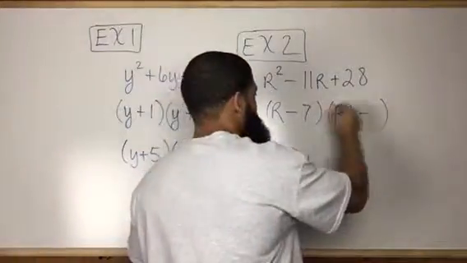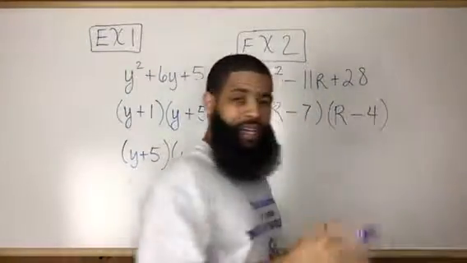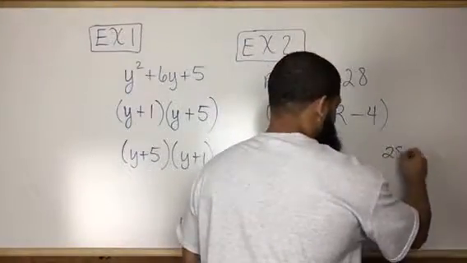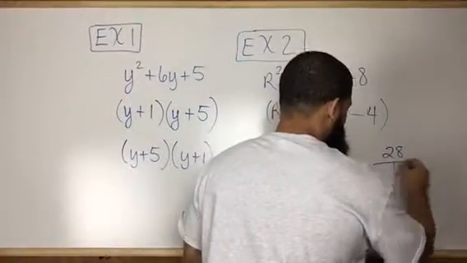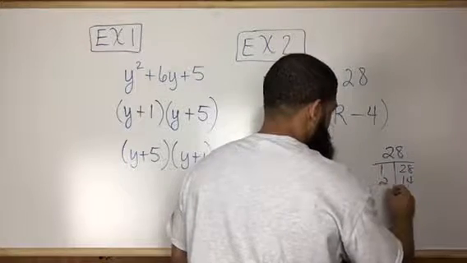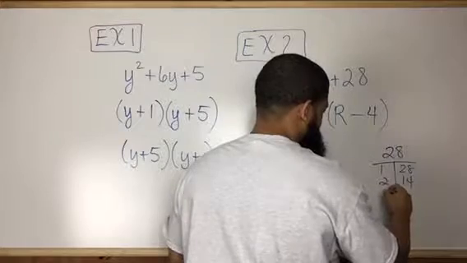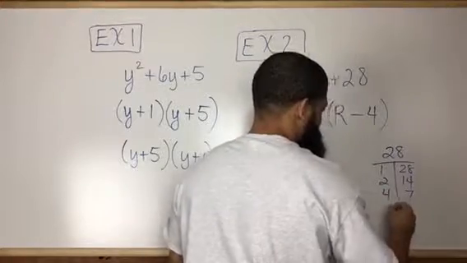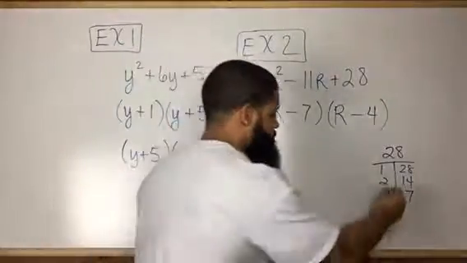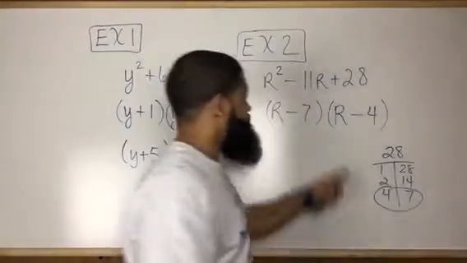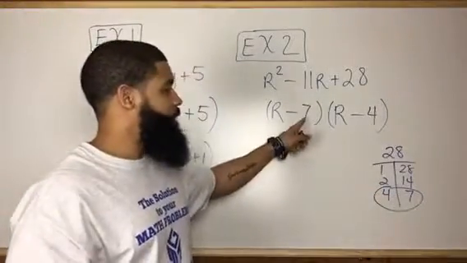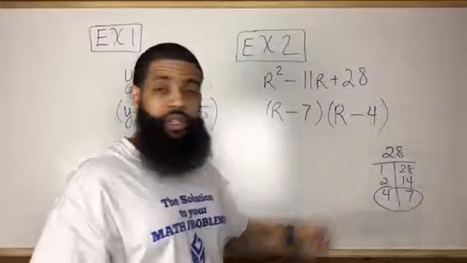Just to give you a little explanation, if I take the factors of 28, I can have 1 times 28, 2 and 14, 4 and 7. Those are all the factors of 28. However, the only two that I can add together to get 11 are 4 and 7. Once again, I can put the 4 here and the 7 there as well.